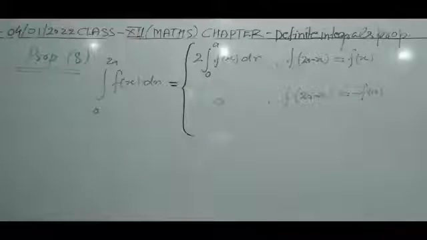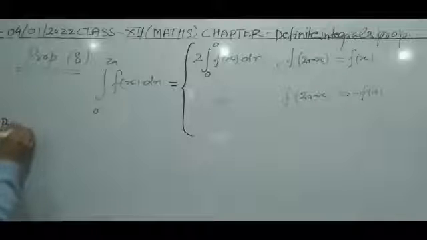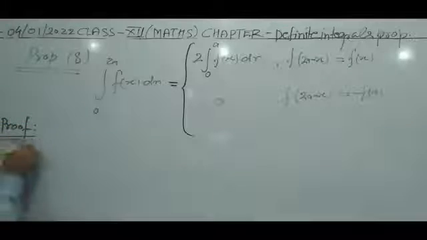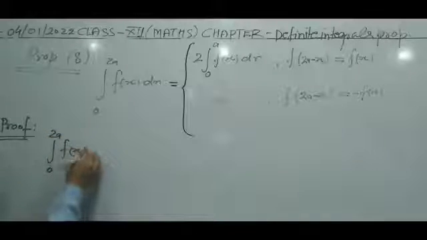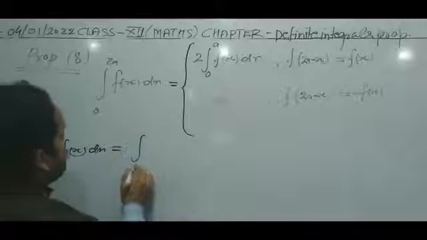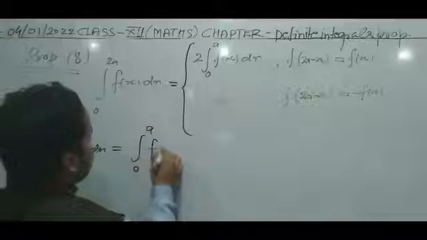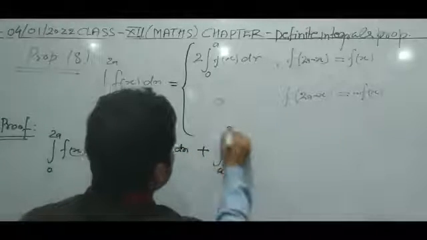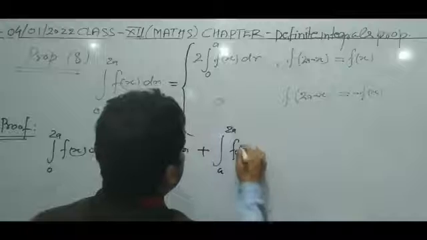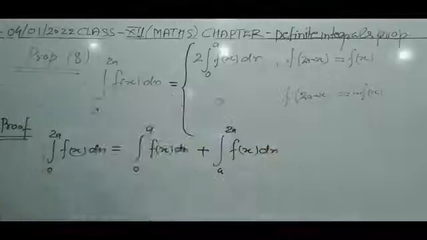Now you will see what we can write. See their proof. Integration over 0 to 2a f(x) dx is equal to, we can write integration over 0 to a f(x) dx plus a to 2a f(x) dx.